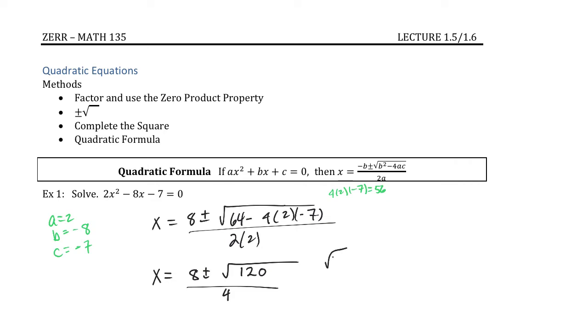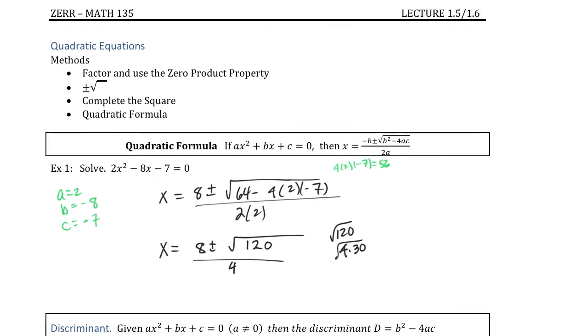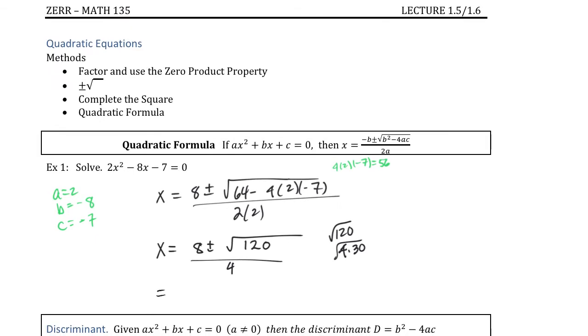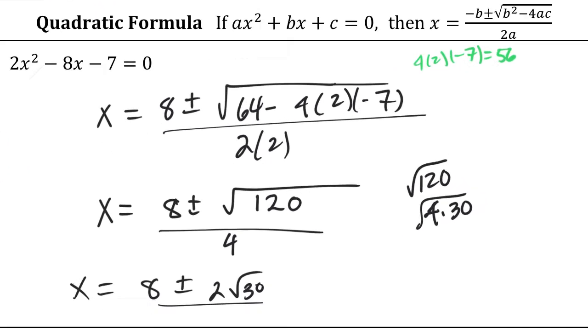And then the square root of 120, we could do 4 times 30. Yeah, I think that's as much as it's going to simplify. So then x is equal to 8 plus or minus square root of 4 is 2, square root of 30, we can't simplify that anymore.